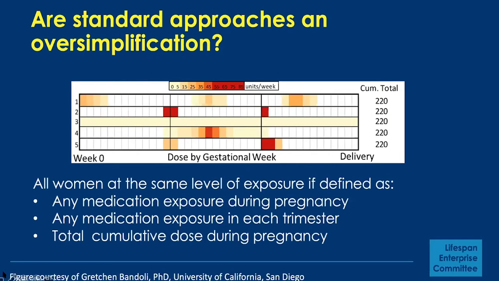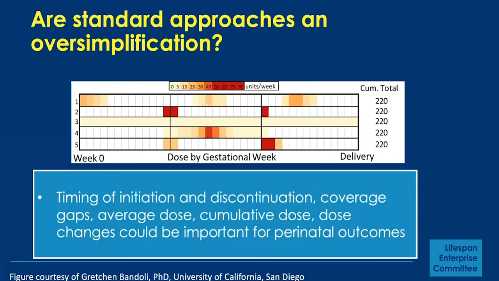But with all these standard approaches, all these women would be classified in the same exposure level. And that really removes some important variability. So that would remove timing of initiation, discontinuation, coverage gaps, average dose, dose changes, cumulative dose changes that could be important when studying perinatal outcomes.